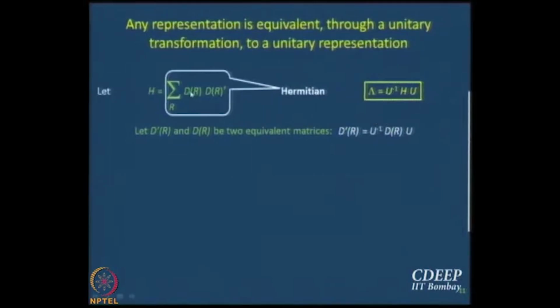On the other hand, if you take all the drs and their adjoints, multiply and sum over all the symmetry operations, then you generate a matrix H. From that, you can get the matrix of eigenvectors U. D prime r is the similarity transform of dr using this matrix of eigenvectors. Okay. So, there is a correlation. It is not as if d prime and H are all uncorrelated and scattered, no, everything is correlated, alright. We will come back to this, but this also please take down lest we forget later on. D prime r equal to U inverse dr U.